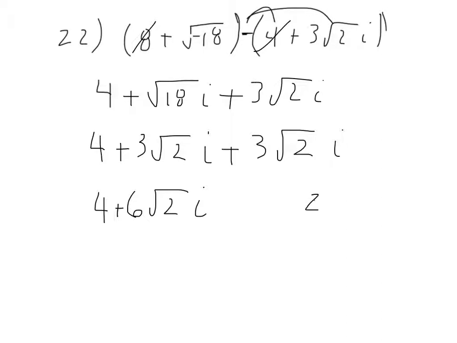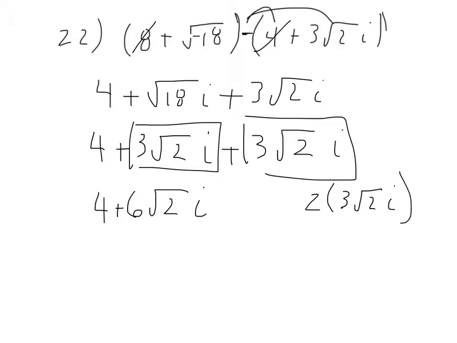So that would be 2 times 3 root 2 i, if you think of all of that as your variable. And then if I have 2 times all of that, we can combine the 2 and the 3 to give us 6. It gives us the same result in either case, depending on what context you put in as far as what the variable is, okay?